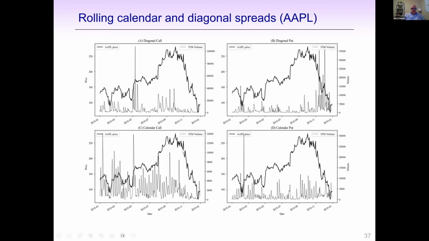Similar picture for calendars. Apple goes down, there are very few existing in the money calls. No need to roll those in the money call positions, so very little trading volume. Apple's going up, very few in the money puts, no need to roll positions in the money puts.